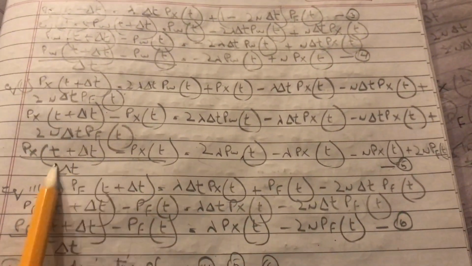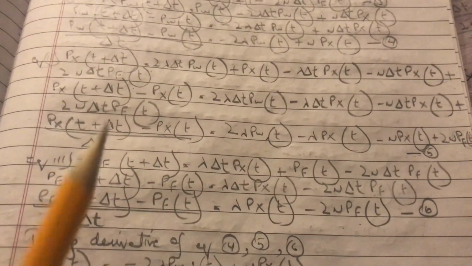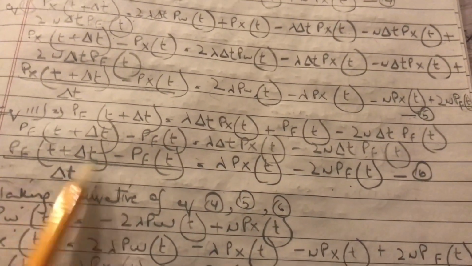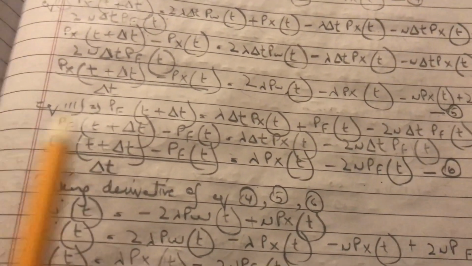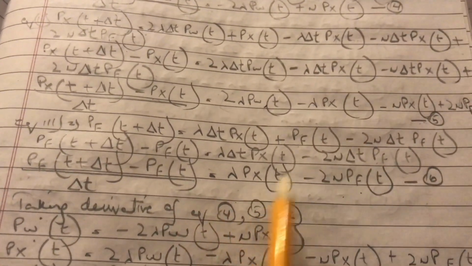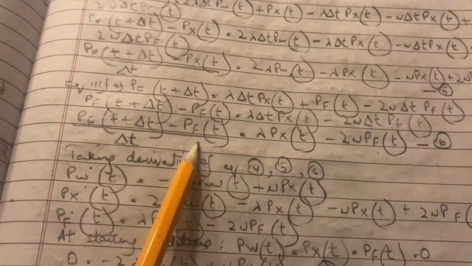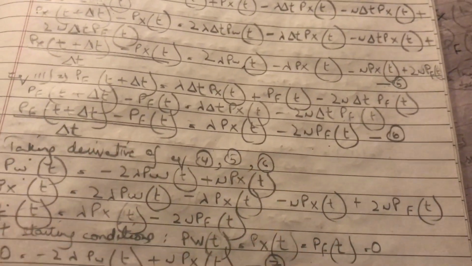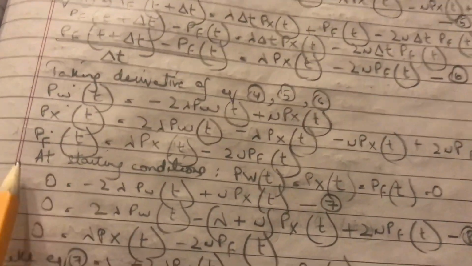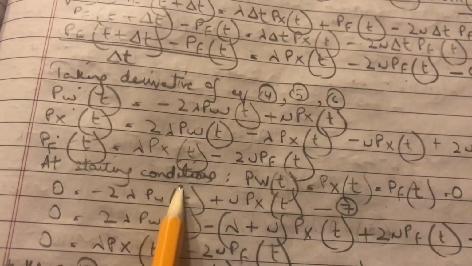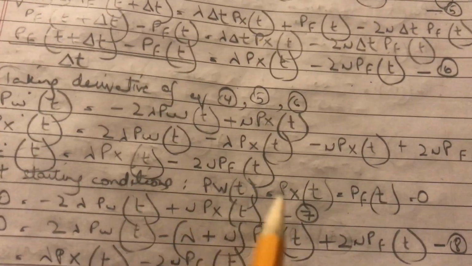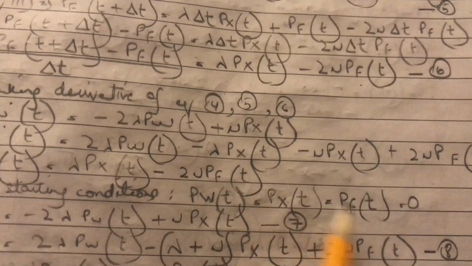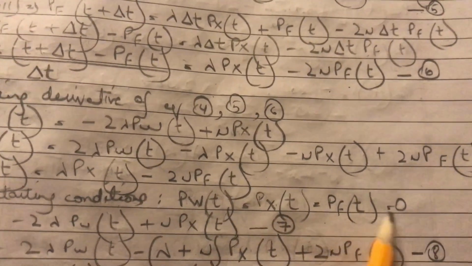This is the method for doing the derivative. You must be knowing how to take the derivative, and this is equation 6, and the same delta t goes away and the rest remains the same, and now pf dot of t. So we have found 3 equations by taking our derivative. And what we are saying now, at starting conditions, when we have no working state, no access state, no failure state, so equals to 0.